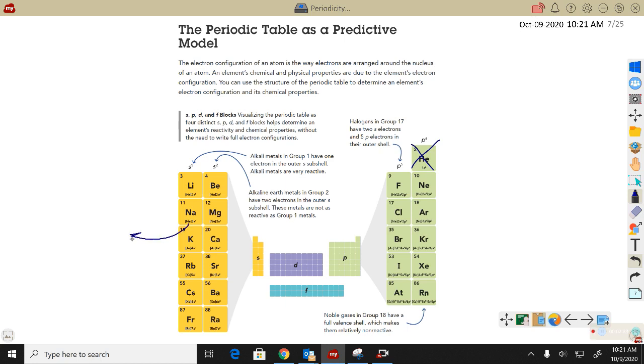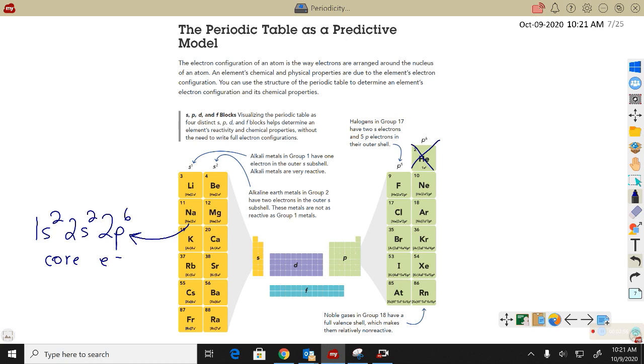Well, when I say neon, I mean 1s2, 2s2, 2p6, and those would be the core electrons anyway. And yes, they're important, but they're really not going to be involved in bonding or reactions. It's that outermost energy level that I'm most concerned with.